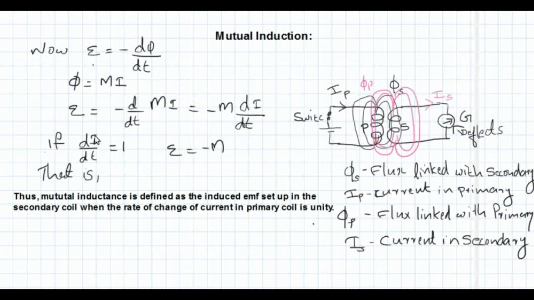So there will be a di by dt, a change in current with respect to time. If this change in current with respect to time is unity in the primary, then the induced EMF in the secondary is called coefficient of mutual induction, or in short, mutual inductance.